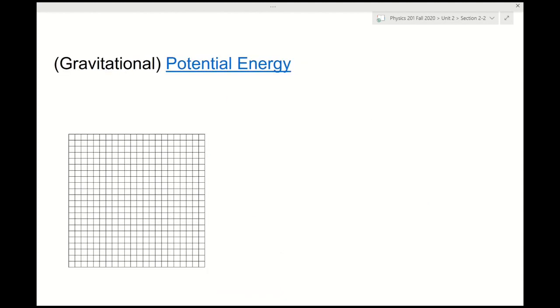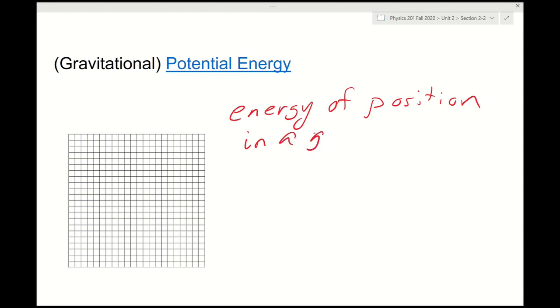If we look at gravitational potential energy, this can be thought of essentially as any potential energy is energy of position. And since it's based on position, this means it's in a gravitational field.